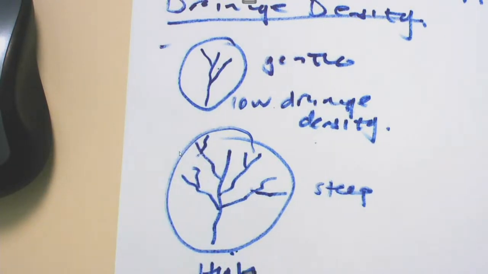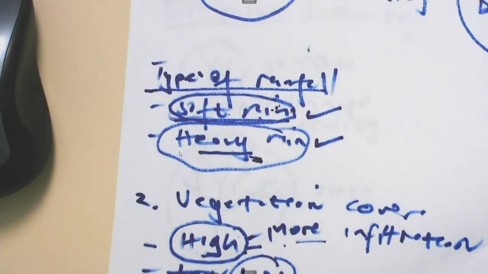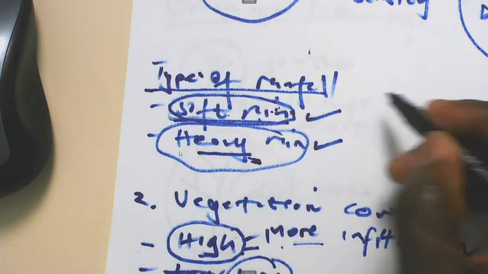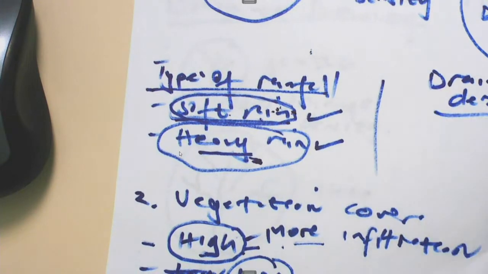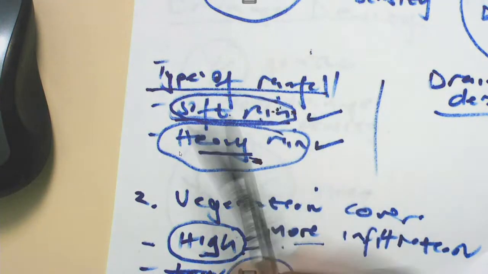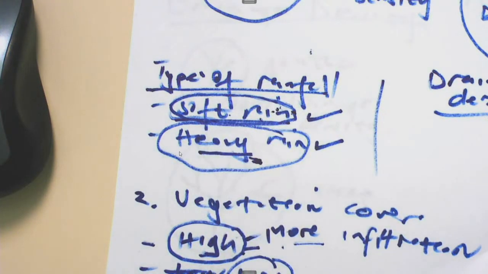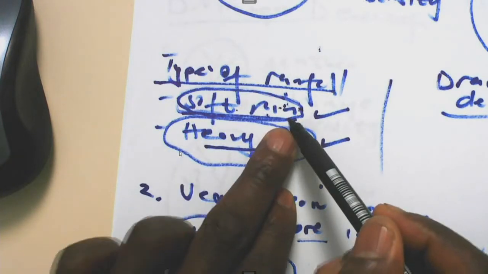And then the same ones, if you go back a bit and look at the types of rainfall, in terms of drainage density, high or low, we'll say here we're having a soft rain. So immediately when we're having a soft rain, we said soft rain is associated with what?